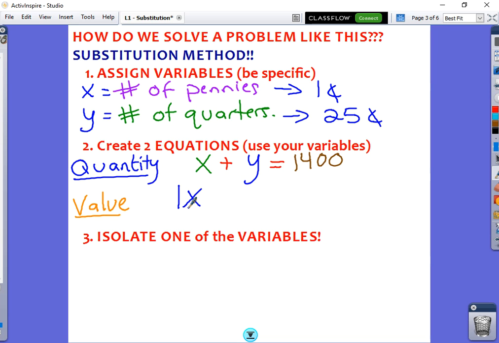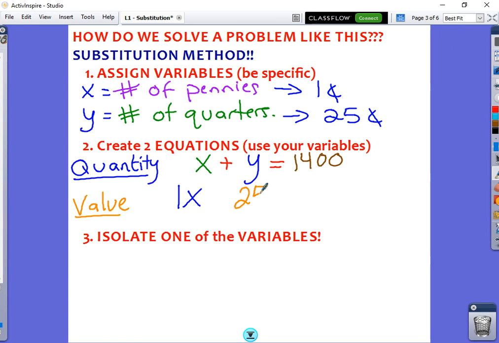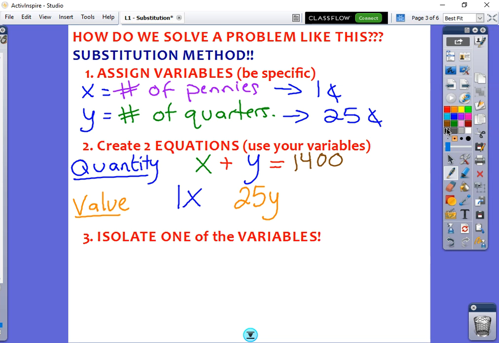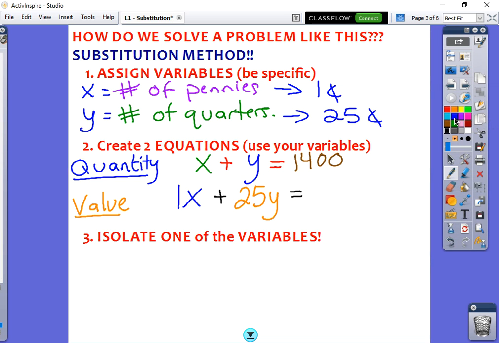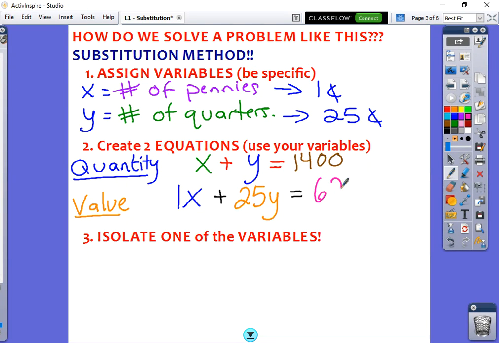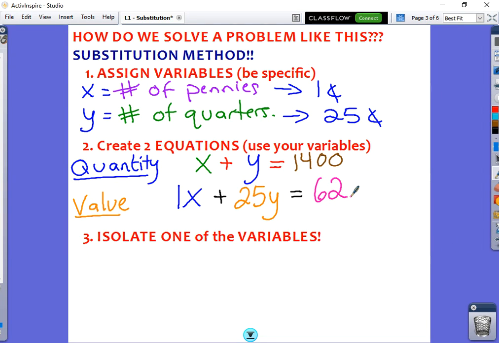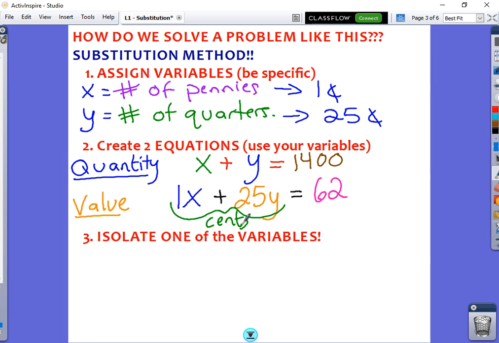We're going to do the exact same thing with our y's. We take the value of our quarters, 25 cents, and multiply it times y. So 25 cents times each of my quarters, and add those together. Now here's where you've got to be very, very careful, because a lot of people will simply write down, oh, it gave me $62. That's true, except you have to be careful, because we were talking in cents, and then all of a sudden I wrote down dollars.